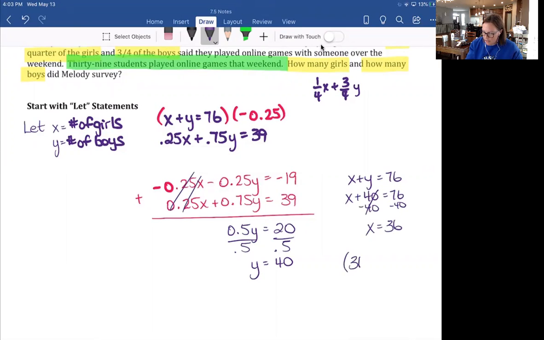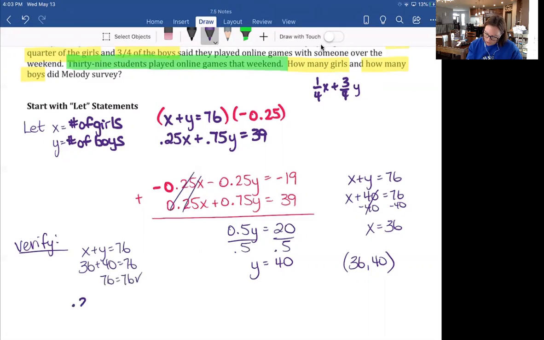So my solution is 36 and 40. The last step to these questions is to verify. I know I didn't verify on the last one. I apologize for that. So x plus y equals 76. So 36 plus 40 is definitely 76.